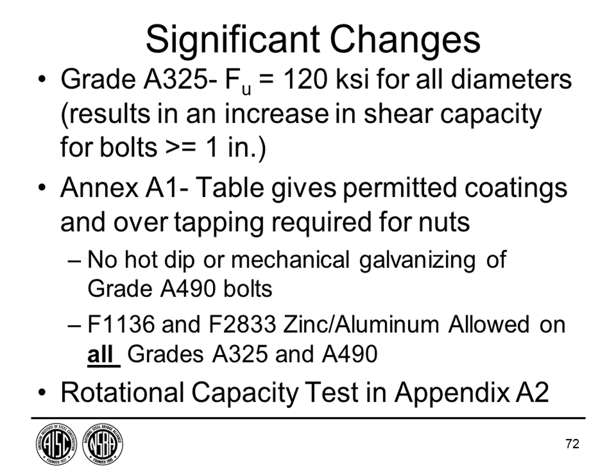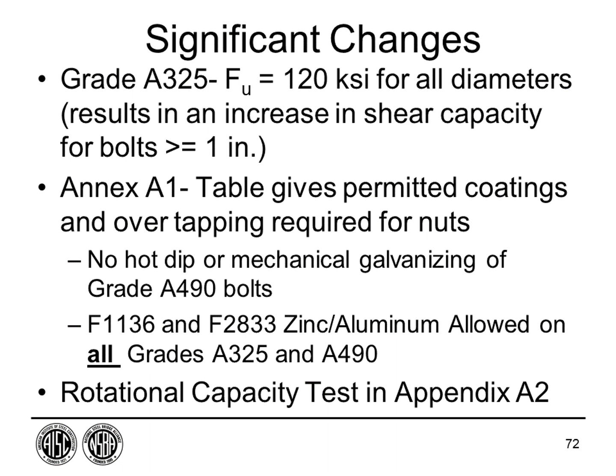It's very difficult to top coat a structural bolt and get good build on the corners, so most owners are now using galvanized bolts. And that means that they're typically not using A490 bolts, they're using A325s. And you have to overtap those nuts to account for the thickness increase due to the galvanizing.